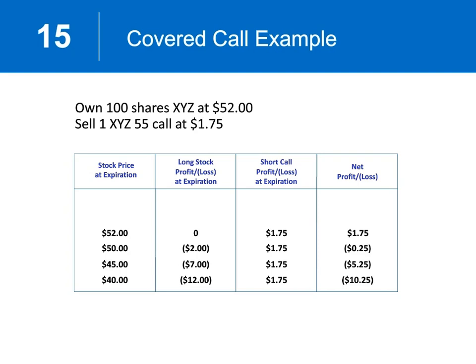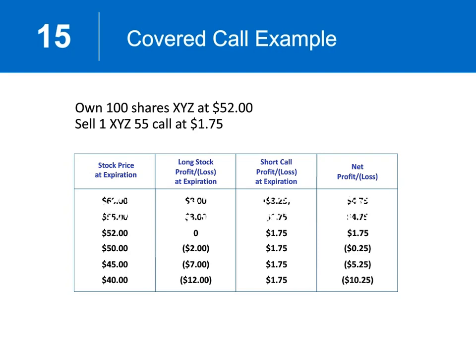As you continue to move lower in stock price, 30, 20, 10, on down the line, you will notice that your net loss on the covered call will continue to get worse, but that $1.75 will always be there. So your loss on the covered call, although it gets worse, will be $1.75 better than your loss would have been if you just owned the stock outright, and that's to the downside.